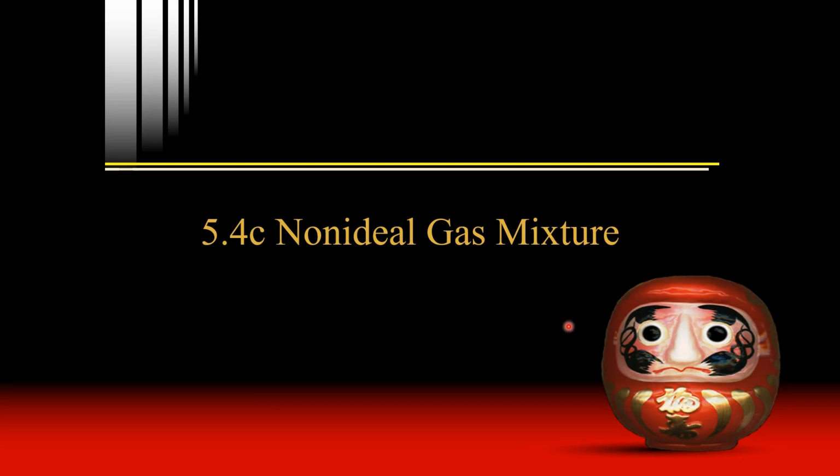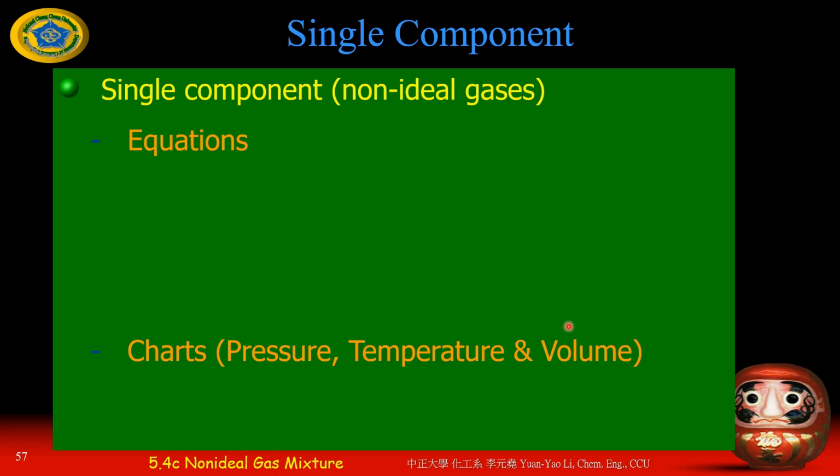Just now we are talking about pure component. It's not a mixture. So what happens with a non-ideal gas mixture, if I have 3 or 4 types of gas and they mix together? Let's recap what we learned for single components. There are 3 ways to get the answer. The first one is to do the experiment, to measure the pressure, temperature, and the volume. The second one, for non-ideal gas, is equations.